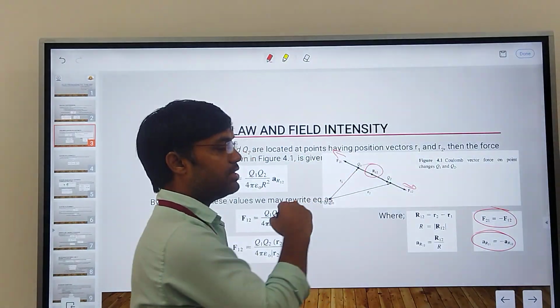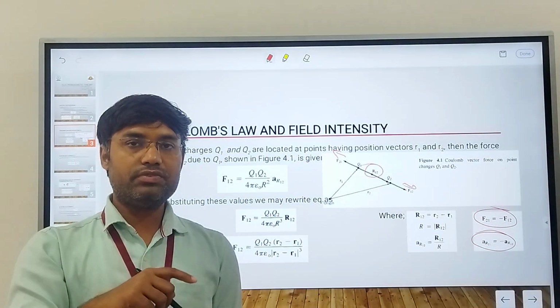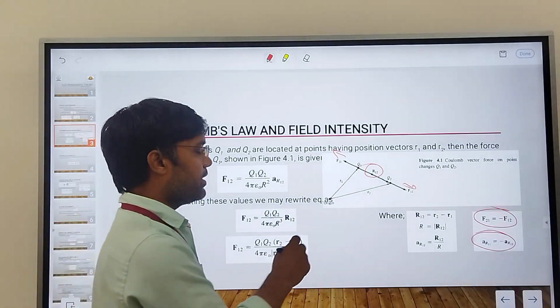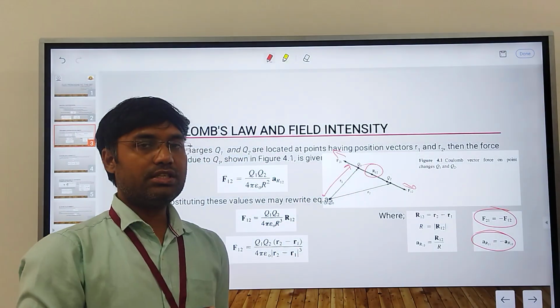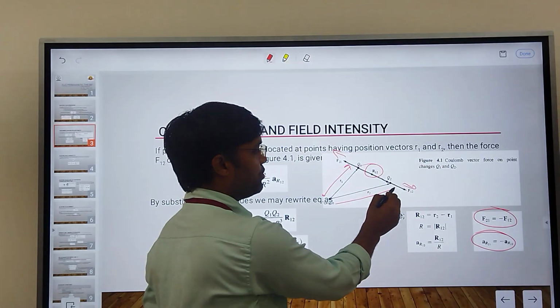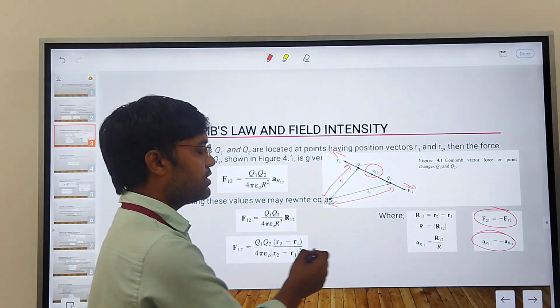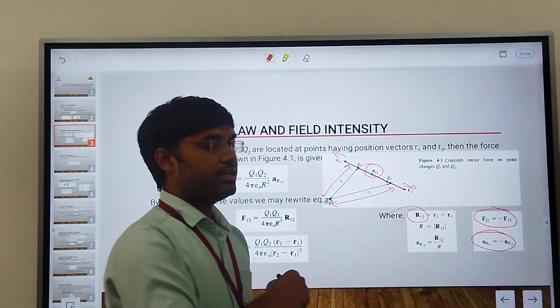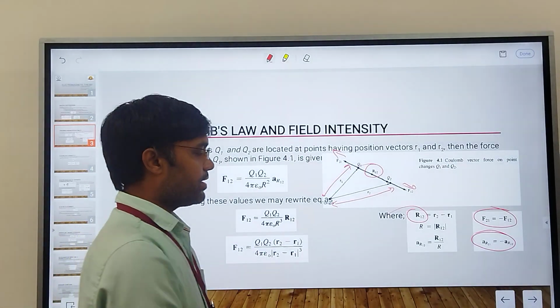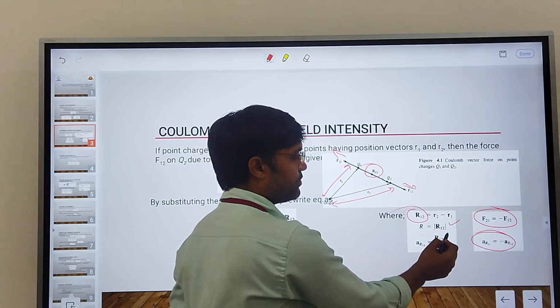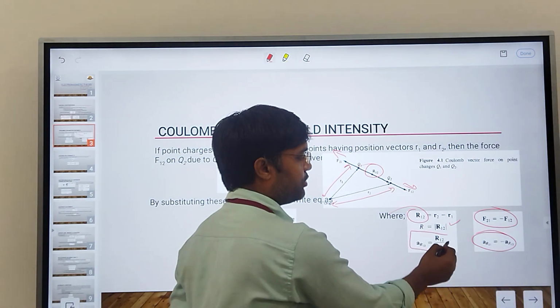R12 is the distance vector between Q1 and Q2, as we discussed in the earlier lecture, and R1 is the position vector of the Q1 point from the origin, and R2 is the position vector of the Q2 point from the origin. So the distance vector R12 is the subtraction of the position vectors, R2 minus R1, and R is the magnitude of the distance vector, and this is the unit vector.